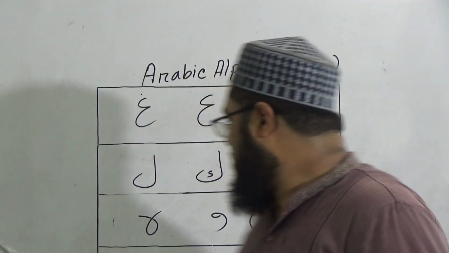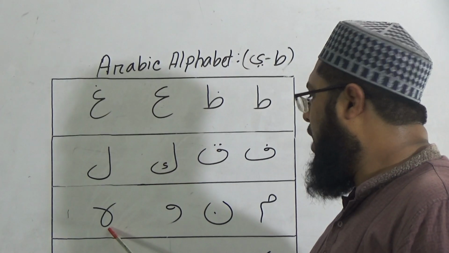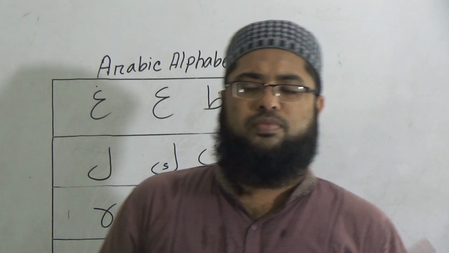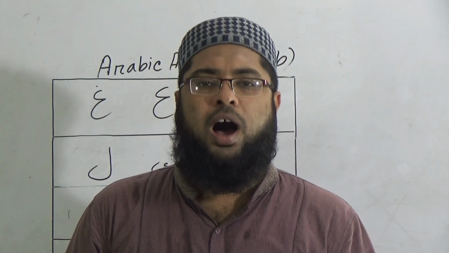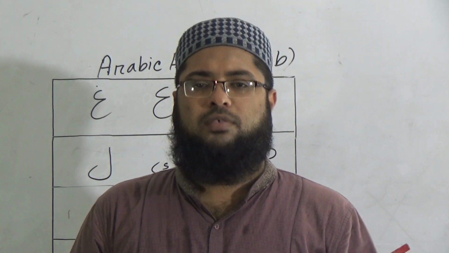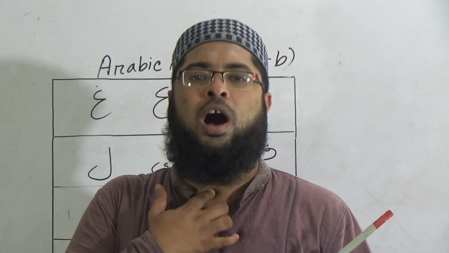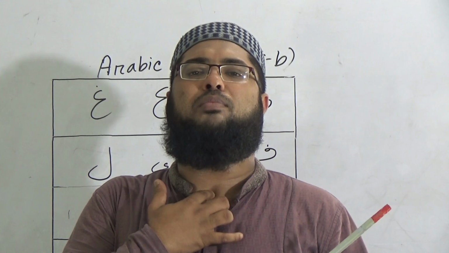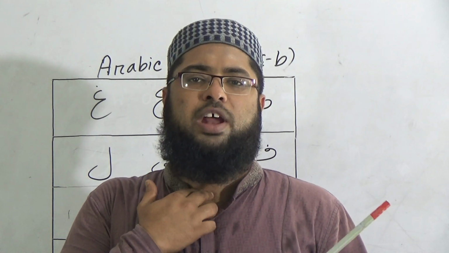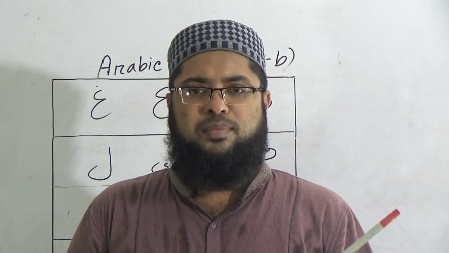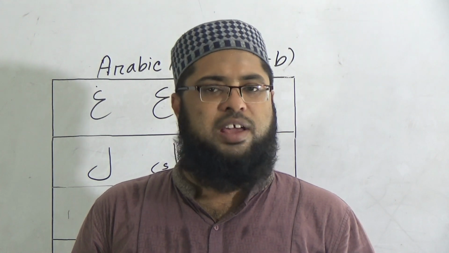My dear students, this alphabet is called Ha, and you have to pronounce this one Ha, from the starting point of the throat, from here, Ha. From this point, two letters are pronounced, Hamza and Ha.